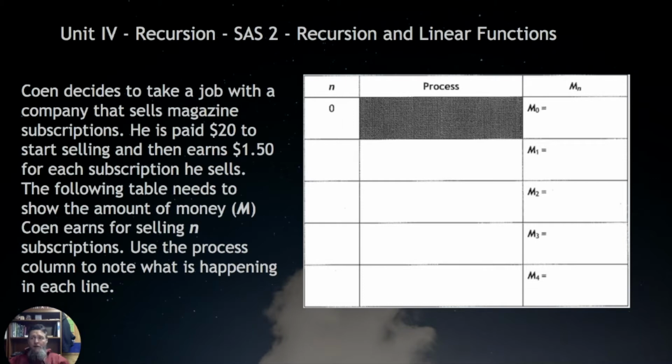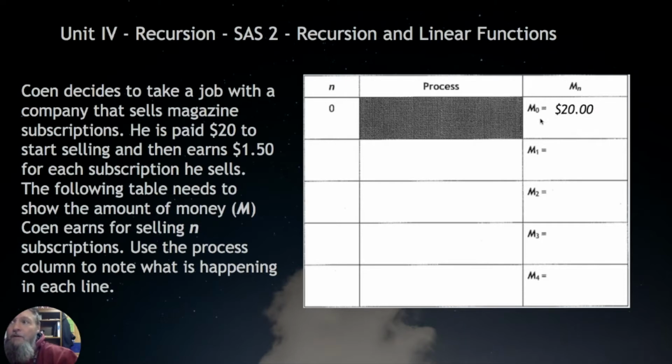Now we're going to use a process column to note what is happening in each line. The initial money that he has is $20, whether he sells any subscriptions or not. So if he sells 0 subscriptions, he'll have $20.